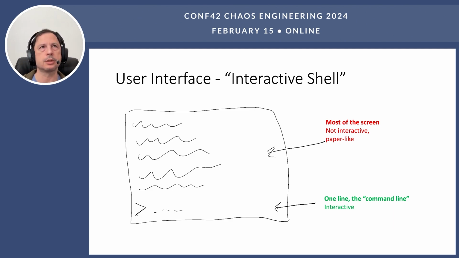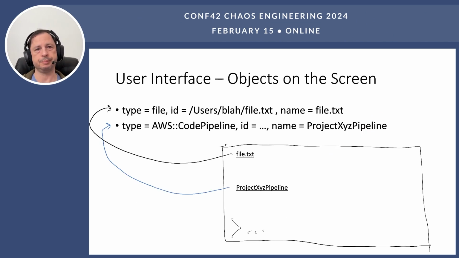And the only interactions that you have in the interactive shell is actually on one line. Sometimes you have completion, so it's like a few lines, but basically it's one line. And I would like to fix that. I think that the screen can be interactive, and we should catch up with this capability from '75 and make this whole part interactive.